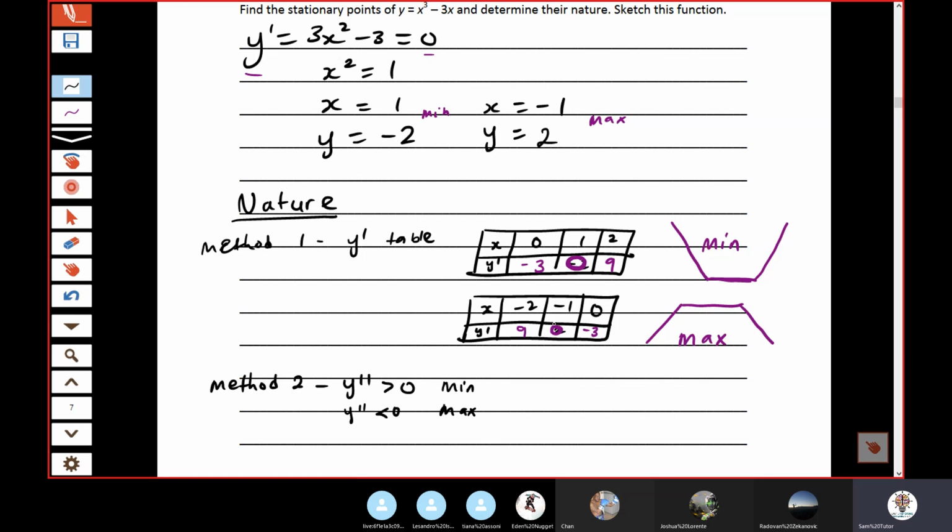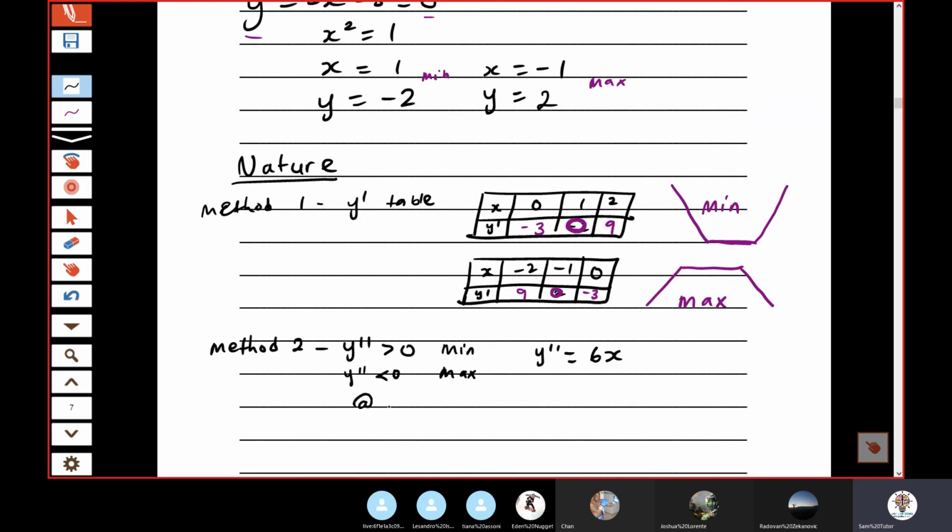Y double dash equals, from the top, 6x, and then all you do is at your point, at 1 and negative 2, y double dash is 6 times x, which is 6, that's greater than 0, which we know is a min. At negative 1 and 2, y double dash equals 6 times negative 1, which is negative 6, that's less than 0, and that's a max.